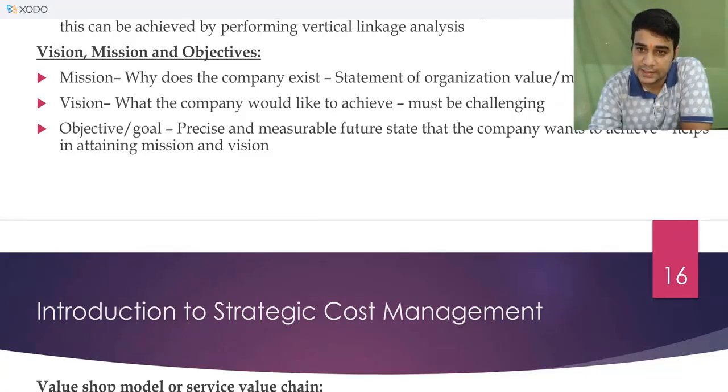What were the support activities there? Procurement, infrastructure, technology, HR, they remain the same. But the focus in the primary activity is on solving customer problems and not on providing a product.